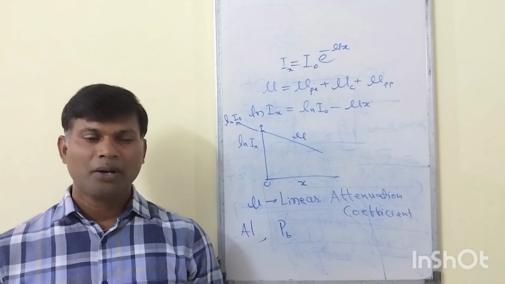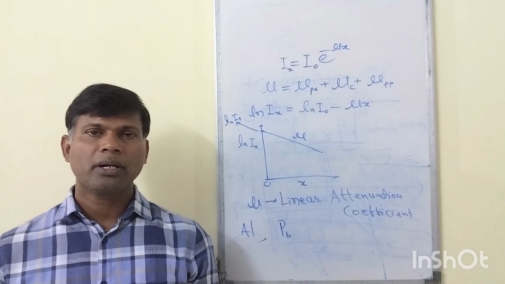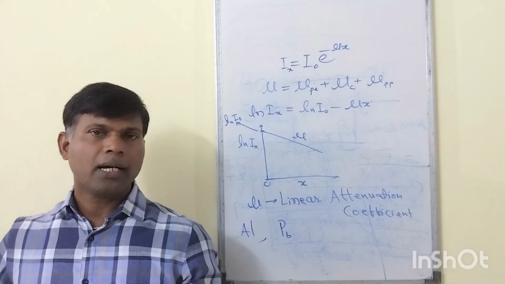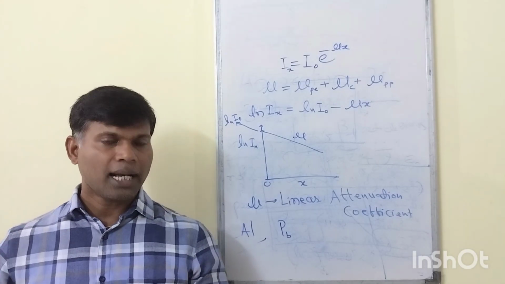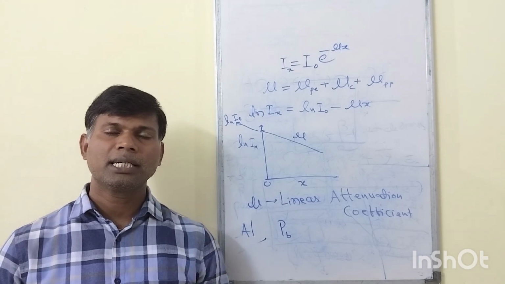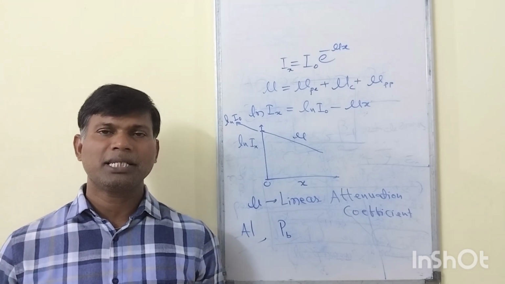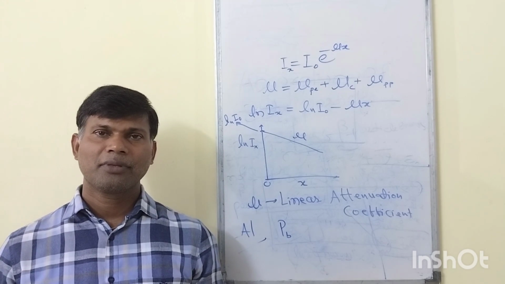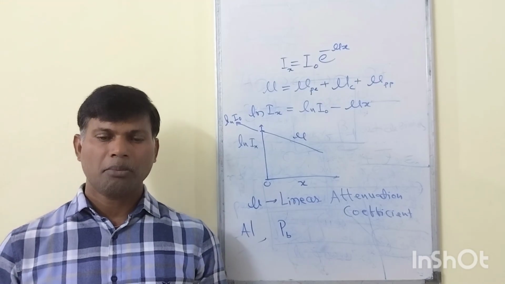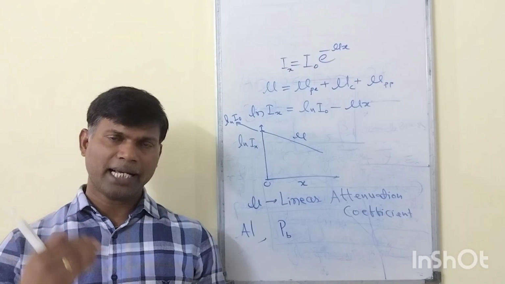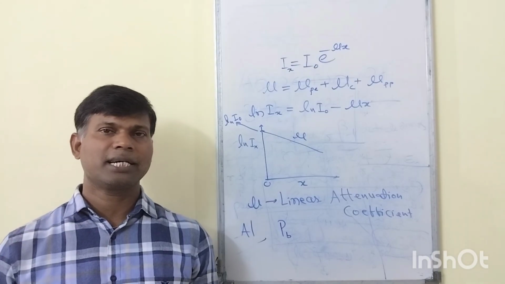When the number of electrons is more in a particular atom, the gamma ray interacting with that atom can dislocate an electron from any energy level. The probability of knocking out an electron may be from the ground state or the first excited state, second excited state, and so on.